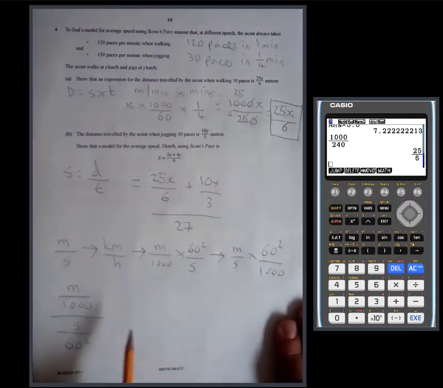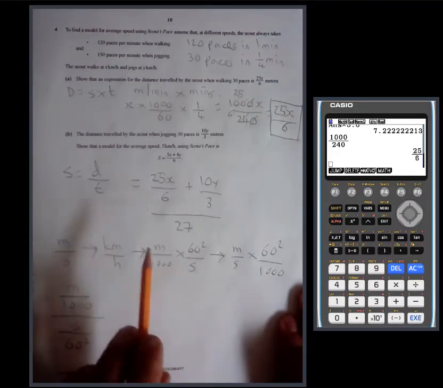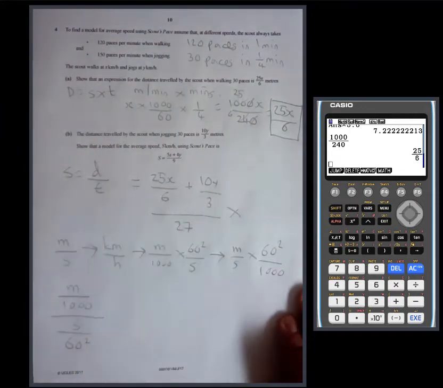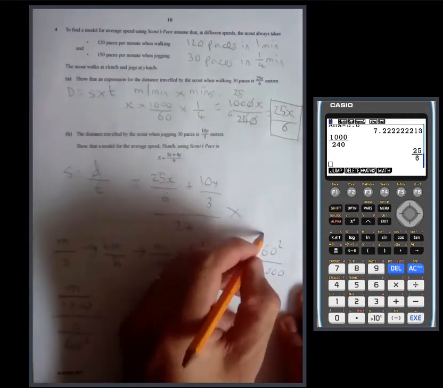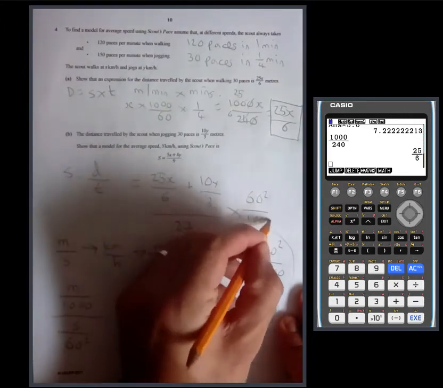I've already explained this in previous parts, but if you can get your head around this, it'll probably come up in a paper 4 at some point, or possibly a paper 2. They do like this meters per second to kilometers an hour. Right, so this would be a speed in meters per second, and then what we would have to do is flip that to kilometers an hour by doing this. So you would times it by 60 squared over 1,000.